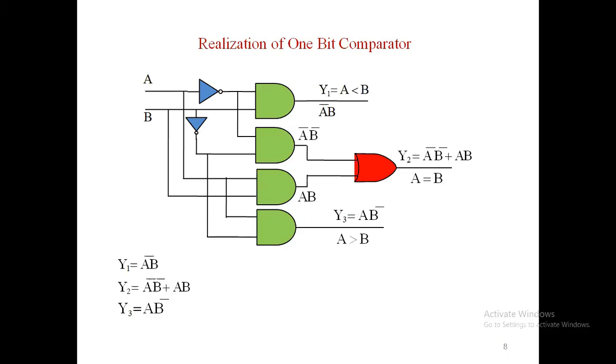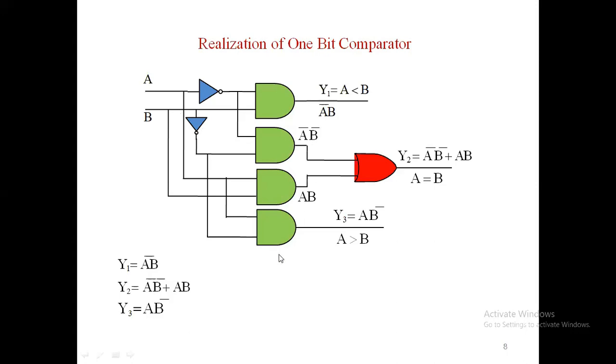I will trace out one simple example, that is the 1-bit comparator. The y1 value becomes 0. And those inputs are passed to this part here. Here 0. Here also 0, the B value, but it is complemented to 1. 0 into 1 is 0.